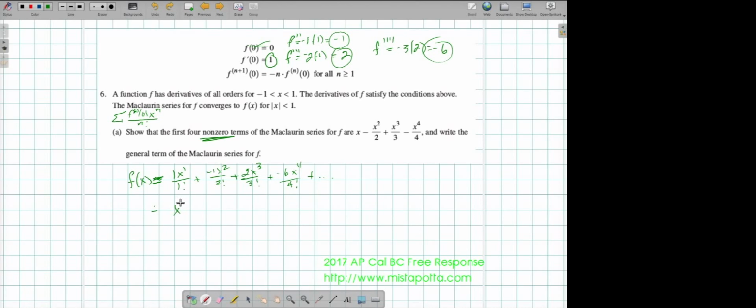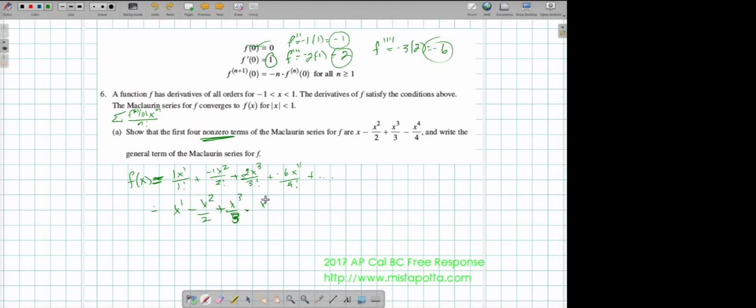So I really have x to the first minus x squared over 2 plus x cubed over 6 minus x, actually not 6, that's just a 3, because that's 3 factorial, which is 6, divided by 2 is 3.